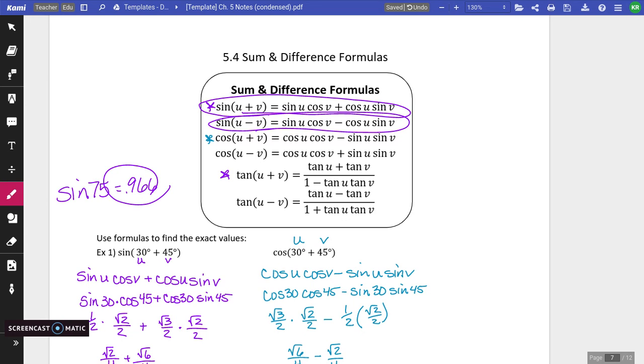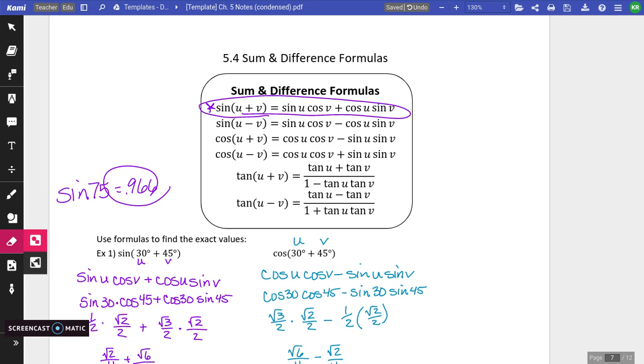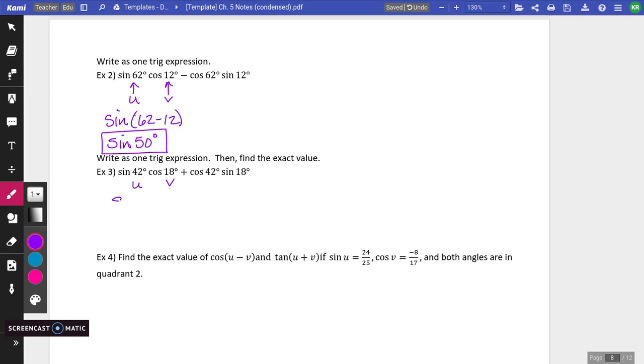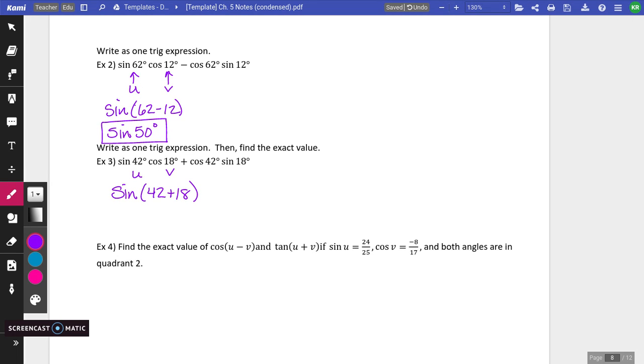So this time it's going to be that first one. So it's the sine of u plus v. So that would be the sine of 60 degrees. So that's part of it, write as one trig function. Okay, so we did that.